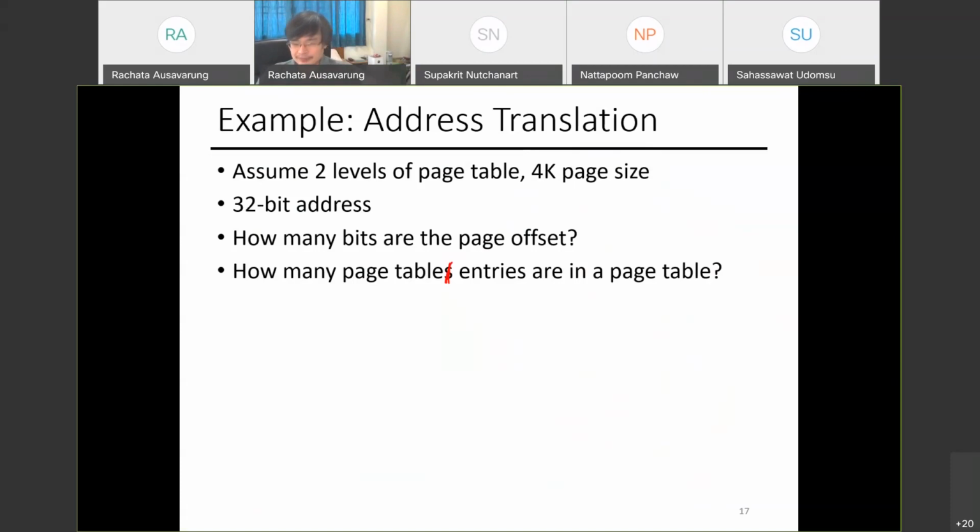All right. Let me give one more question. With a 32-bit address, what's the size of DRAM I can support with this setup?